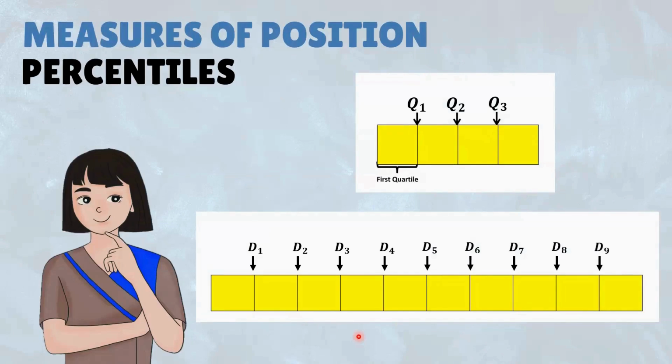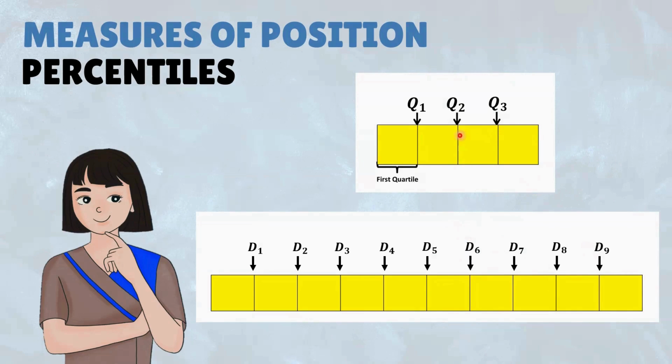Okay, so before I proceed to the examples, let's have this review. In the previous lessons, we talked about the other measures of position, which are the quartiles and the deciles. This time, we will explore again the interrelatedness of quartiles, deciles, and percentiles.